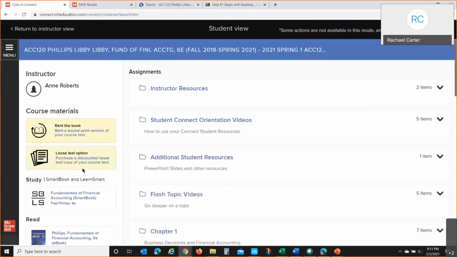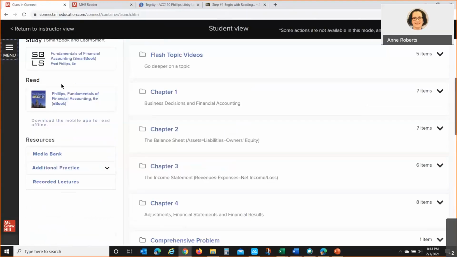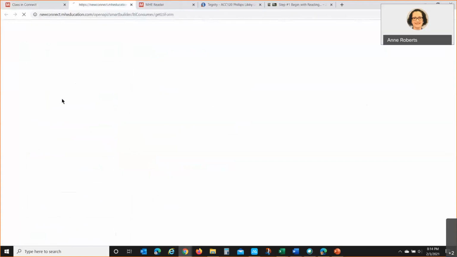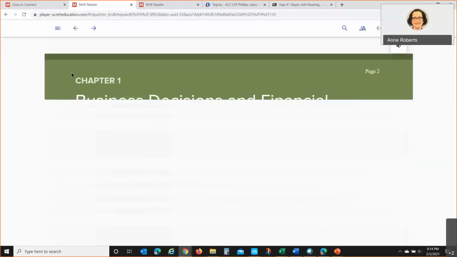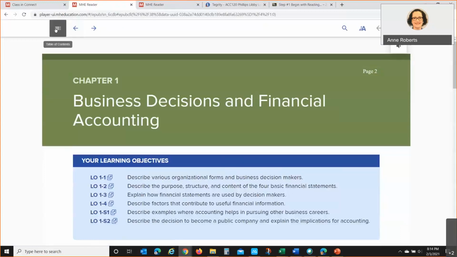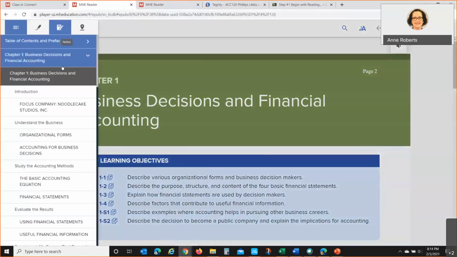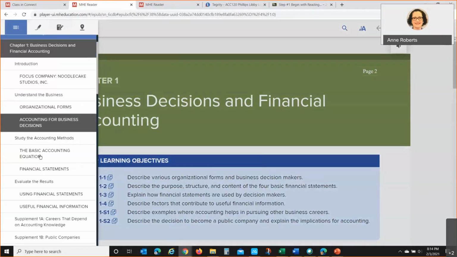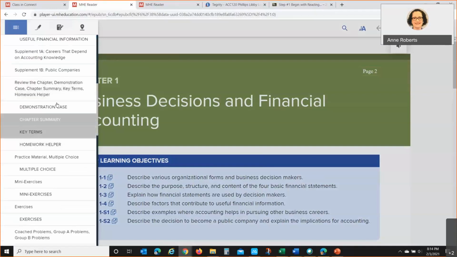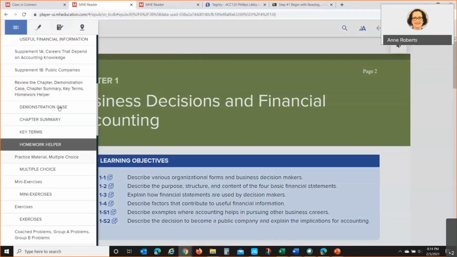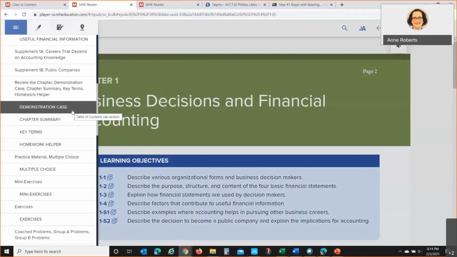So in McGraw-Hill, right over here on the left, you've got your ebook. If you click on that ebook, and by the way, I go over all this in the exam reviews too. So now that you know where the integrity recordings are and everything else, you'll actually benefit from some of this. All the way down at the bottom, at the end of every chapter, there's a demonstration case based on everything that you did in that chapter.